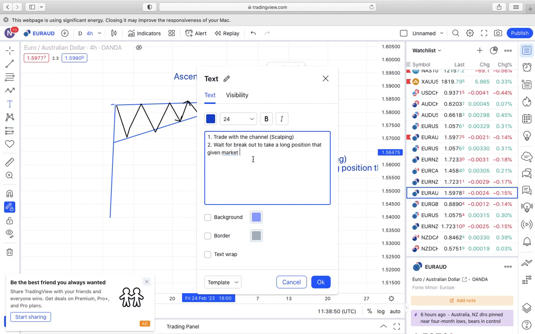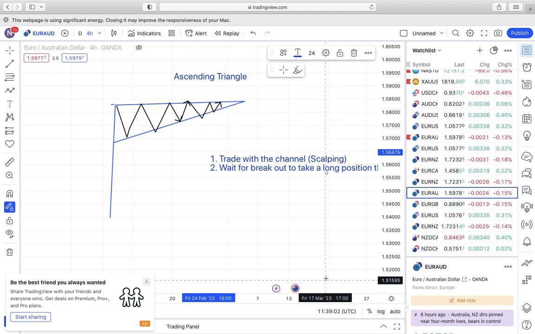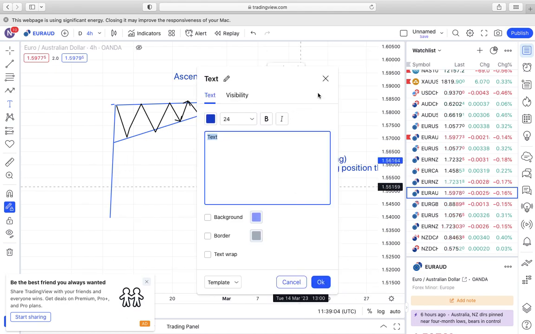So you have two options here: either you scalp within this channel, or you wait for a breakout of this structure and take a long position.